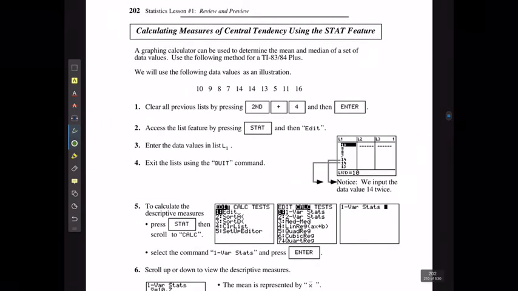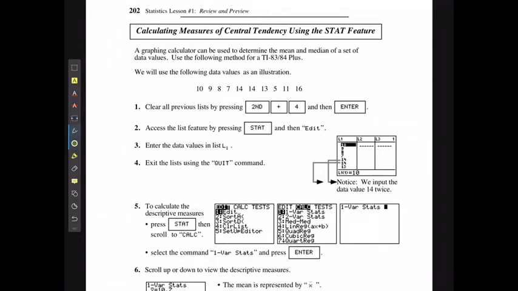Now, make sure if you have a Casio calculator that you grabbed the PDF that I put up on D2L. Your process is going to be a little bit different for this, but I outlined all of the steps for how you're going to do this. So, make sure that you read through and are following the steps.